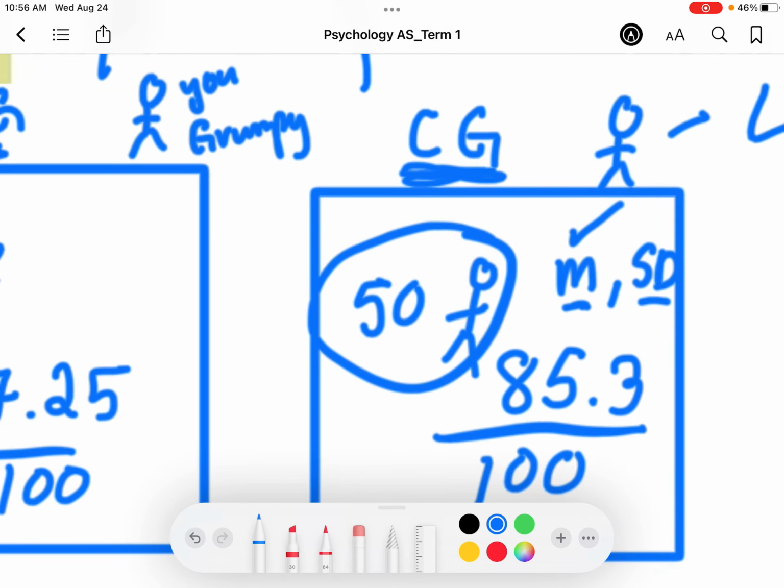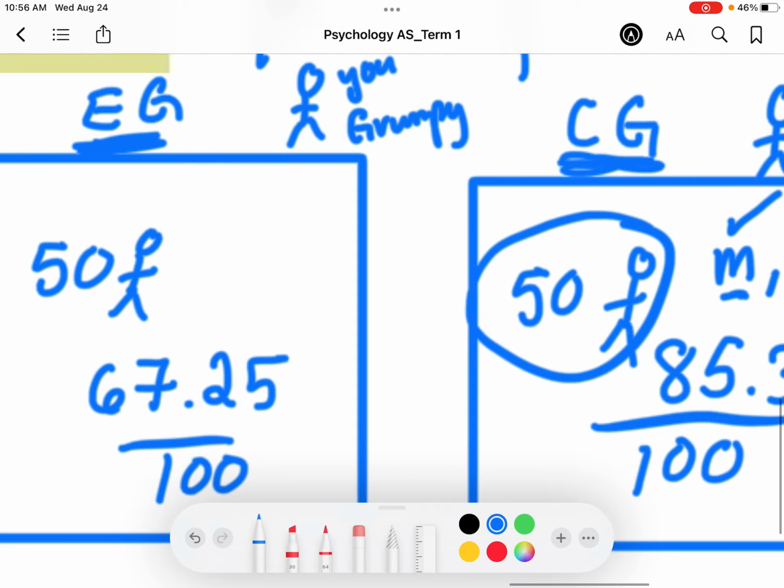And your friend in the control group, a bit friendly, a bit inviting. So they really were into the test. They really wanted to do it seriously. And because you were grumpy in the experimental group, it affected the test taking negatively. They weren't taking it seriously and they wanted to get it over with, right?